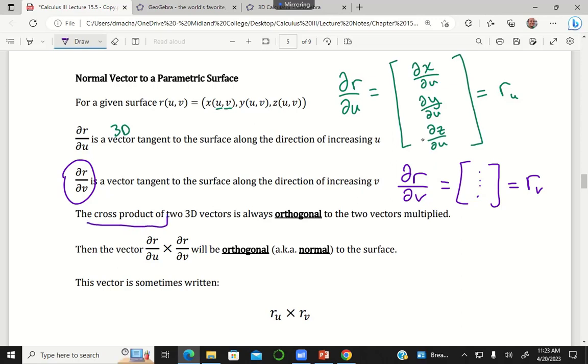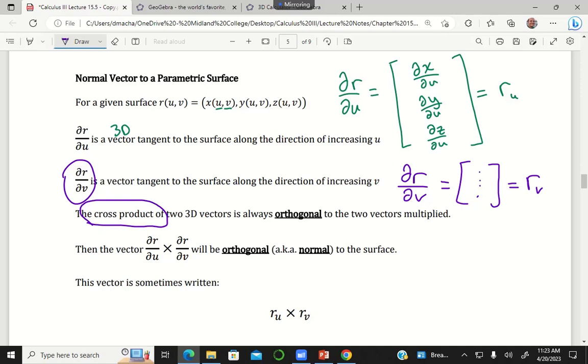And we're going to use that in this section, because if we have a parametric surface and you want to know a formula for a vector that is orthogonal from the surface, or you might say it's a vector that's normal to the surface.